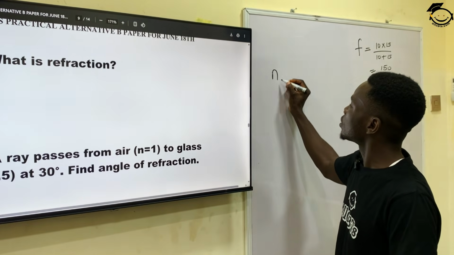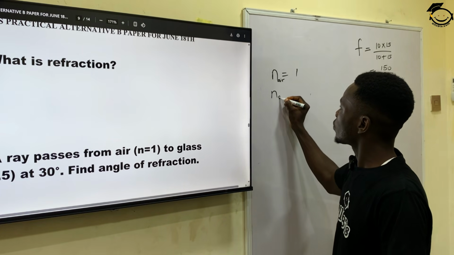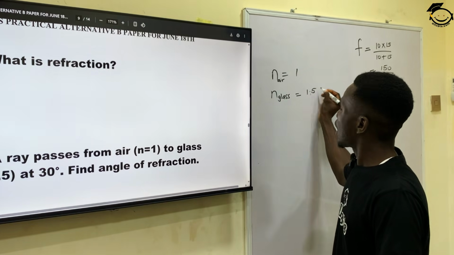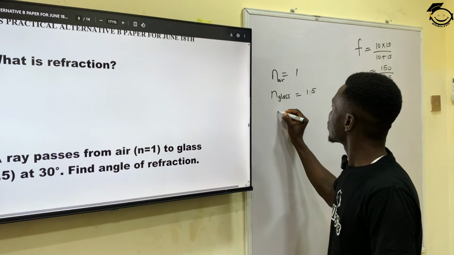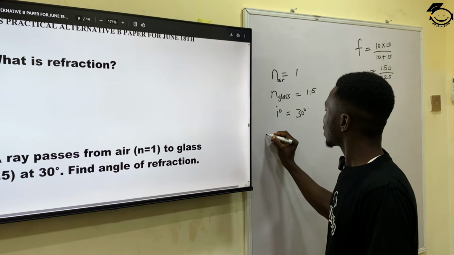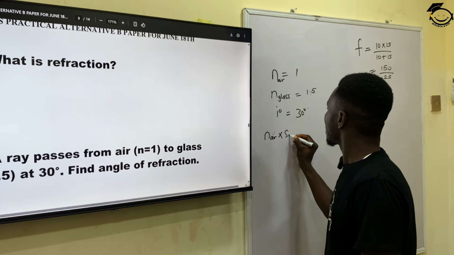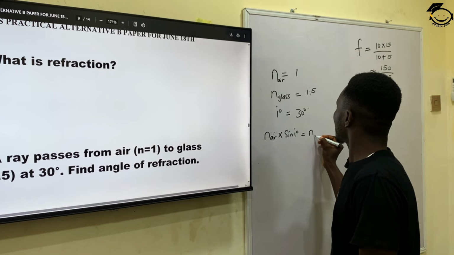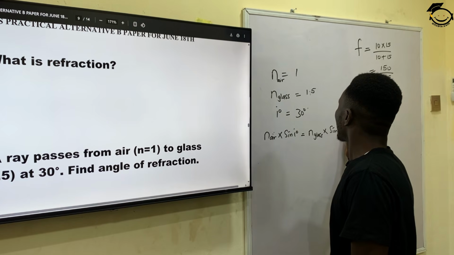So we're given the refractive index of air as 1 and the refractive index of glass as 1.5, and they gave us the angle of incidence as 30 degrees, and we know that the refractive index of air times sine of the angle of incidence is equal to the refractive index of glass times sine of the angle of refraction.